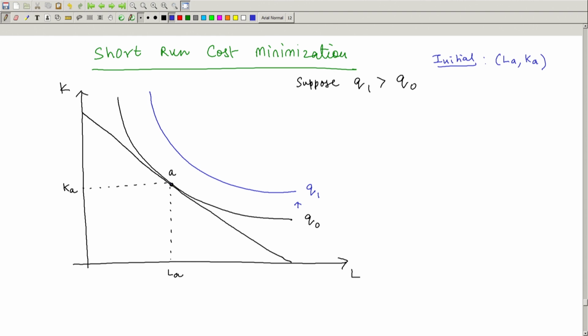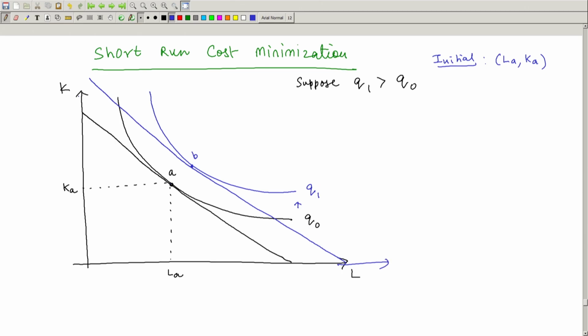It will also write down the tangency condition, that MRTS is equal to minus W by R, which is to say that MPL by MPK equals W by R, and we will get some other cost line passing through this point, which is tangential to this isoquant at Q1. So, let us say that point is B.